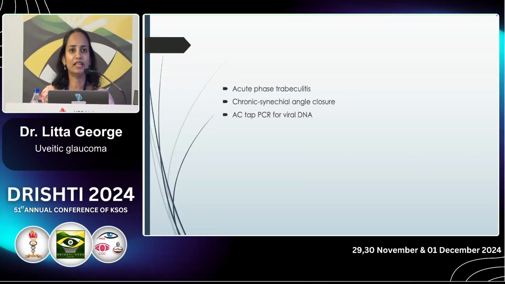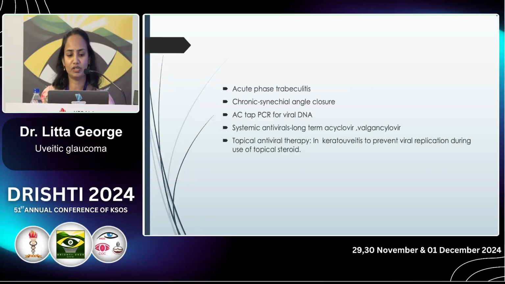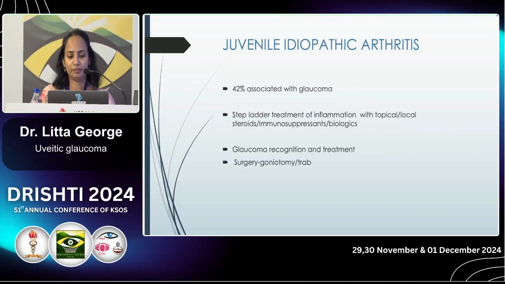You can empirically consider it as a viral uveitis and start on long-term antiviral therapy with systemic drugs like acyclovir or valganciclovir. Topical antiviral therapy is not indicated when you are dealing with a uveitis, but when you have an associated corneal involvement in the form of keratouveitis, you can give a topical antiviral therapy.